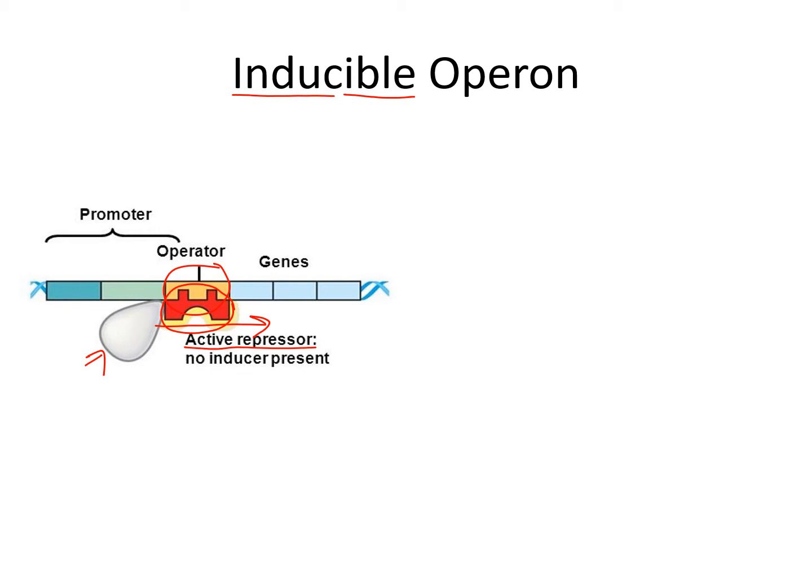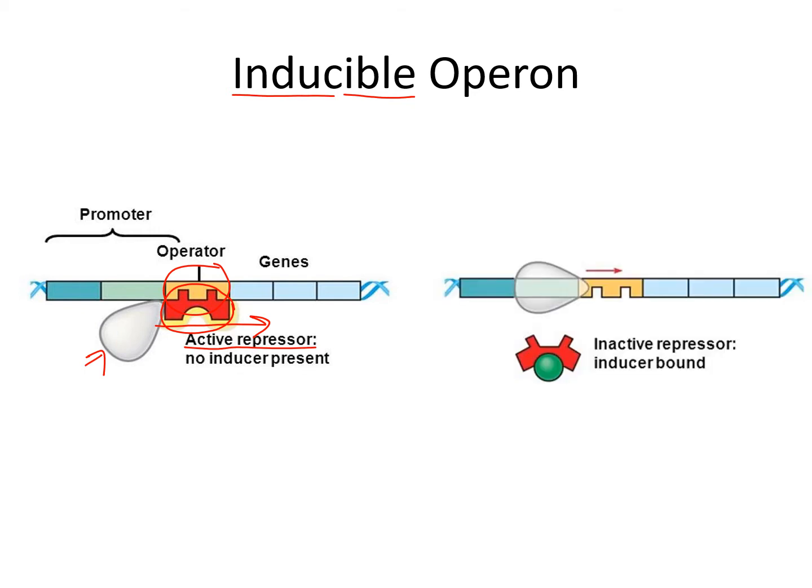And again, we're going to assume that most of these proteins are enzymes. So that means none of these enzymes are produced, so you're not getting the biochemical reactions. But because this is an inducible operon, the cell does have the ability to have those genes expressed. And in order to do that, you need to have an inducer.